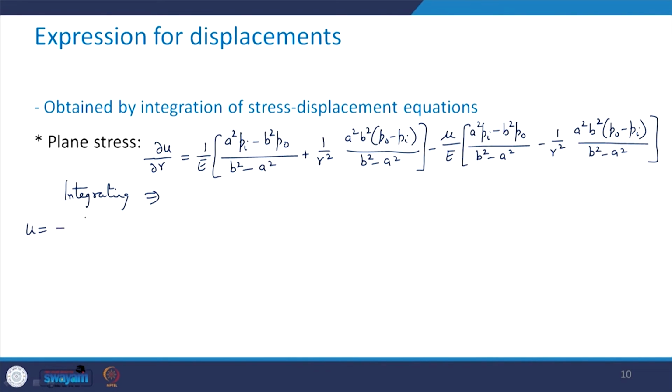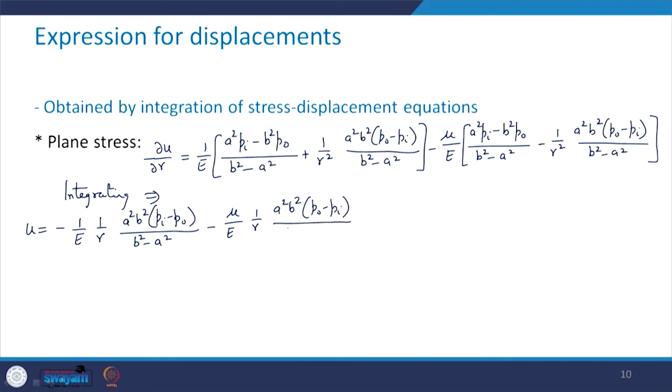It will look like minus 1 upon E 1 upon r a square b square (pi minus p naught) divided by (b square minus a square) minus mu upon E 1 upon r a square b square (p naught minus pi) divided by (b square minus a square) plus 1 upon E (a square pi minus b square p naught) divided by (b square minus a square) into r minus mu upon E (a square pi minus b square p naught) divided by (b square minus a square) into r.